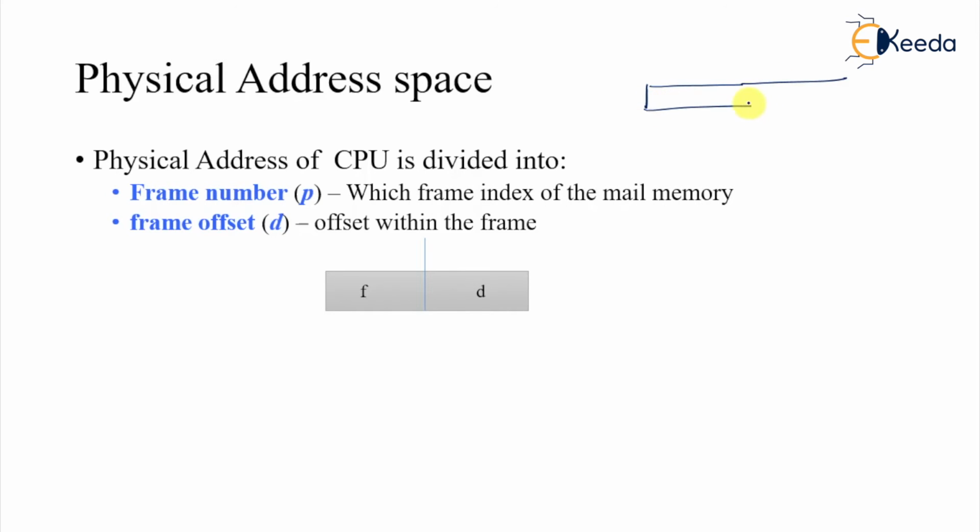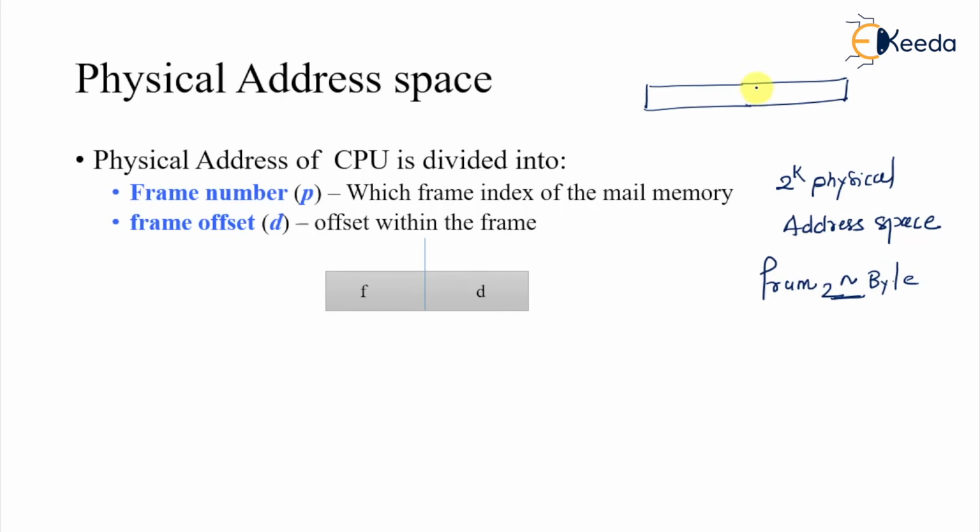Suppose 2 to the power k is your physical address space, and I keep the frame size the same, 2 to the power n bytes. Then I again do this division: this becomes the frame number and this becomes the frame offset.